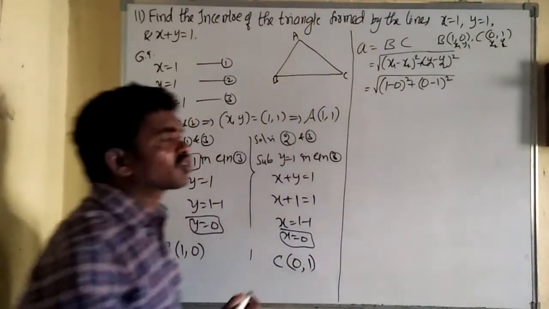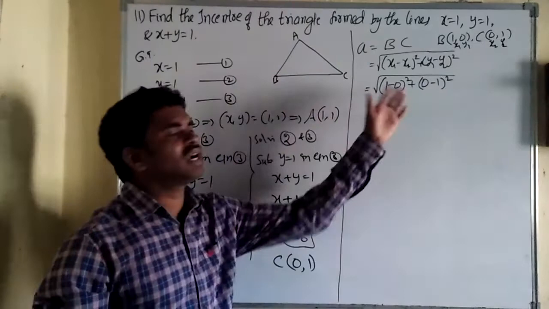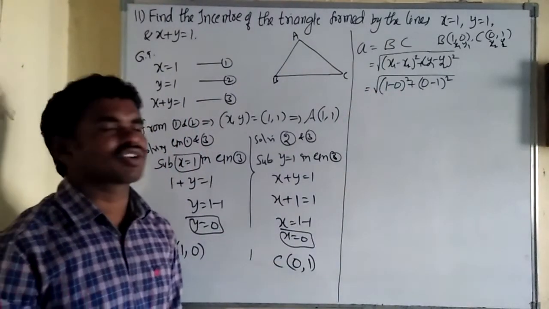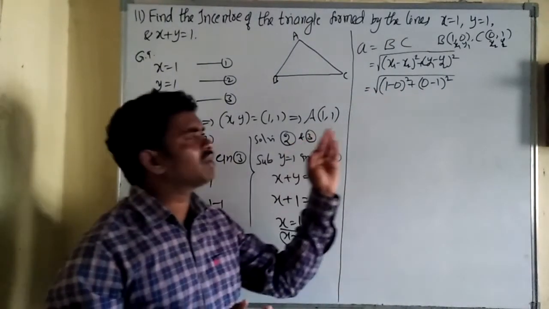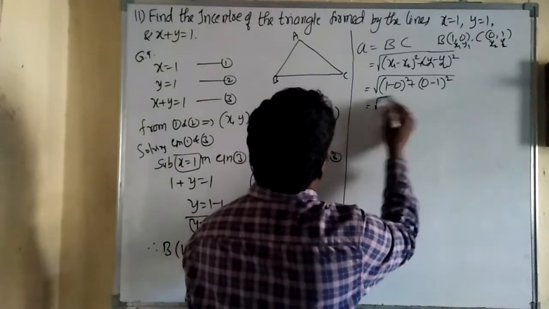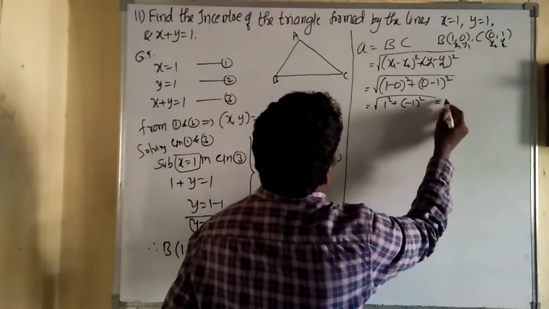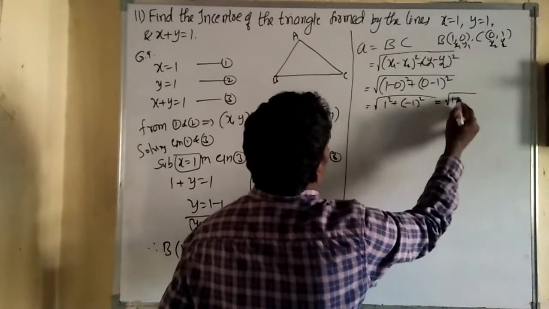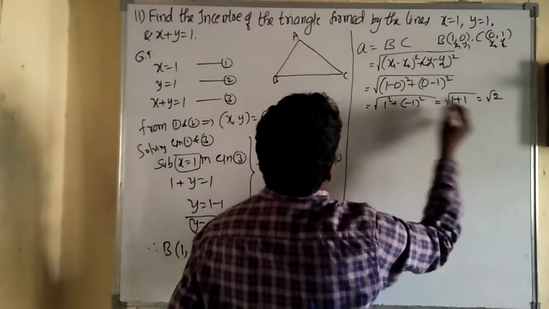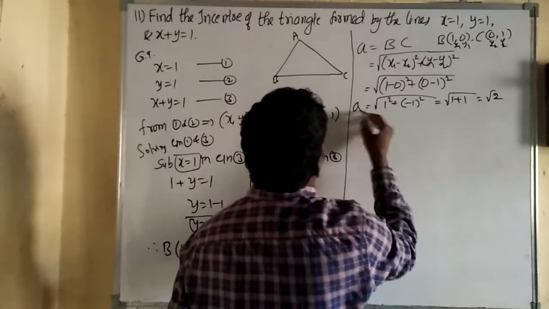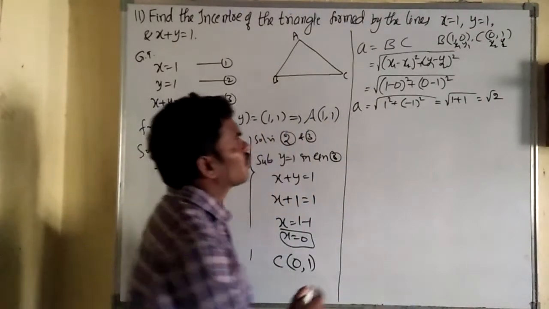So 1 minus 0 whole square means 1 square. 0 minus 1 whole square means minus 1 whole square. So we get 1 square value 1, minus 1 square value 1. So root of 1 plus 1, we get root 2. So a value is root 2.